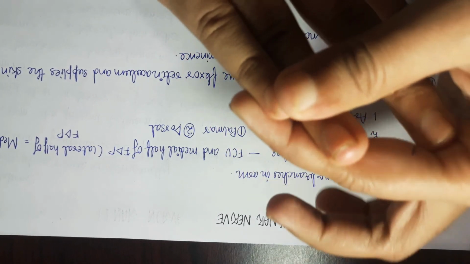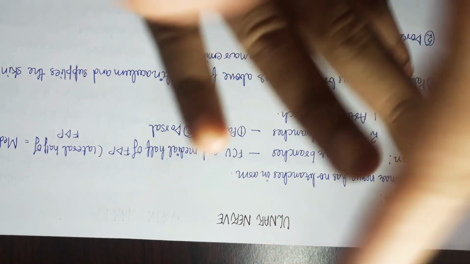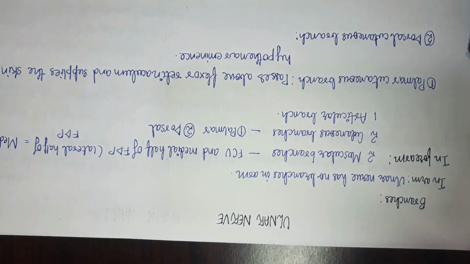This two and this half finger are supplied by the dorsal cutaneous branch of the ulnar nerve.